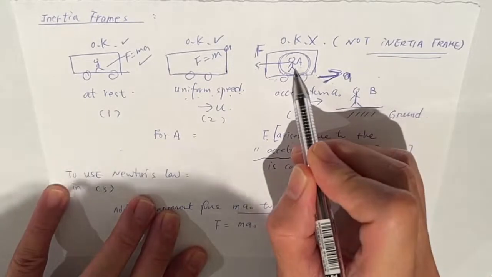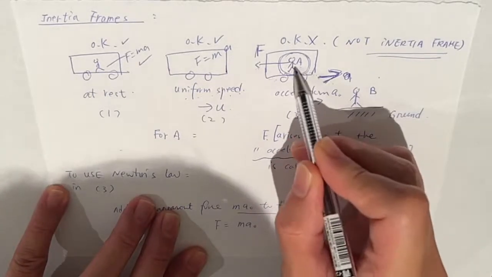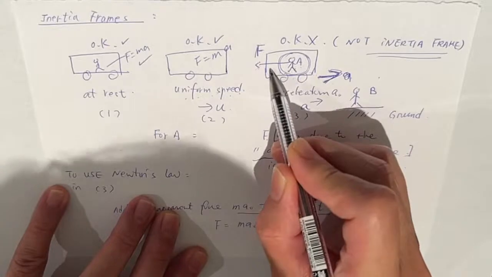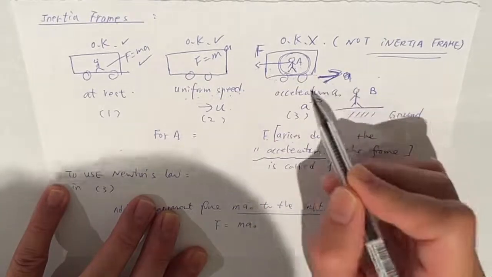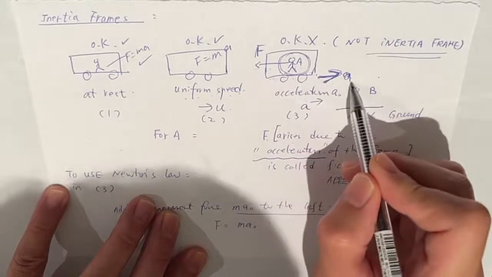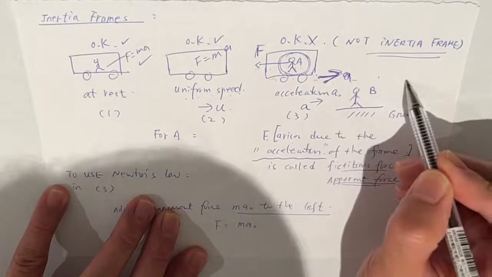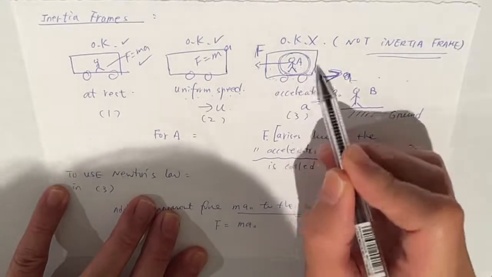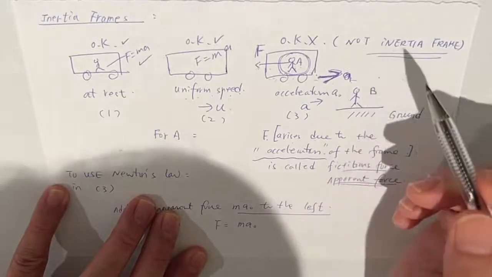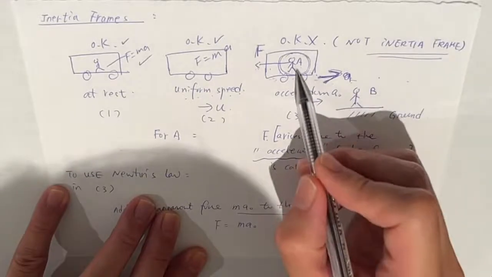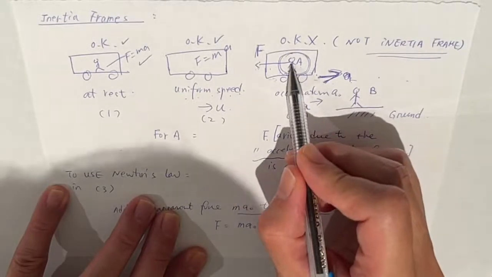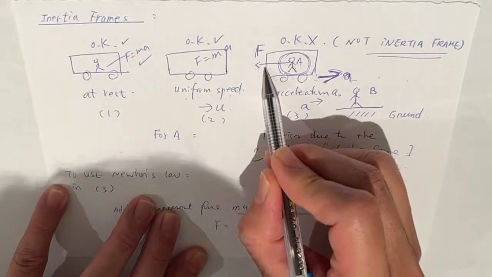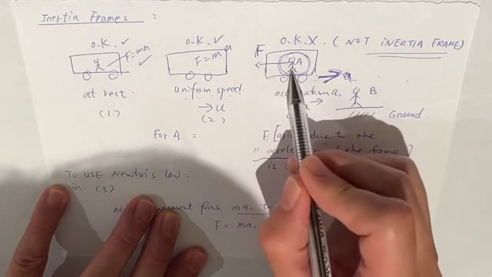But this person or this body will move backward. Very strange. Why? Because actually the train is moving forward with an acceleration a. Therefore, in order to describe this situation, we say that, because this person is accelerated backwards, there must be another force acting on this person.